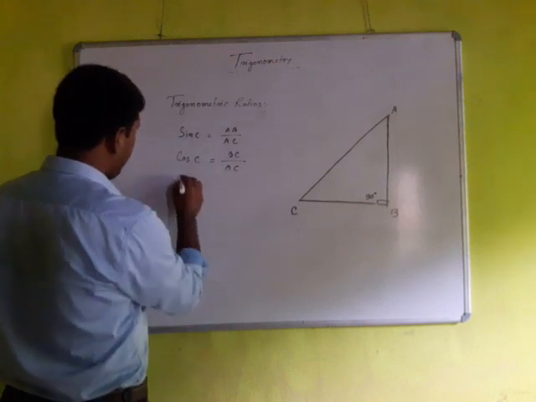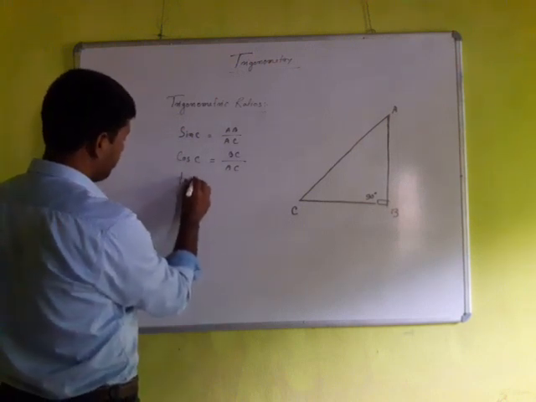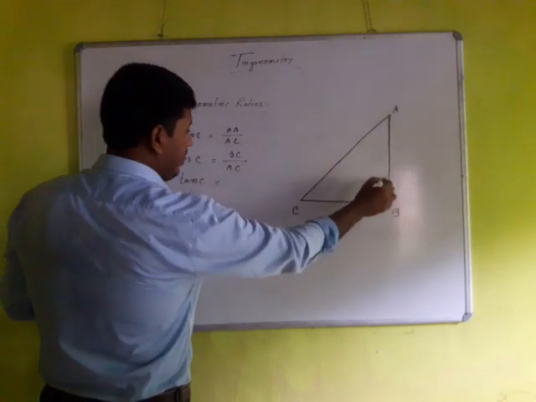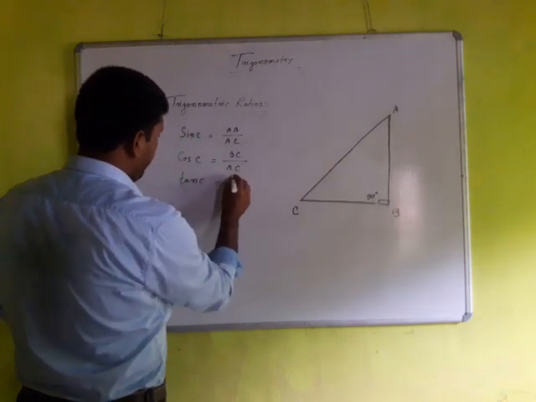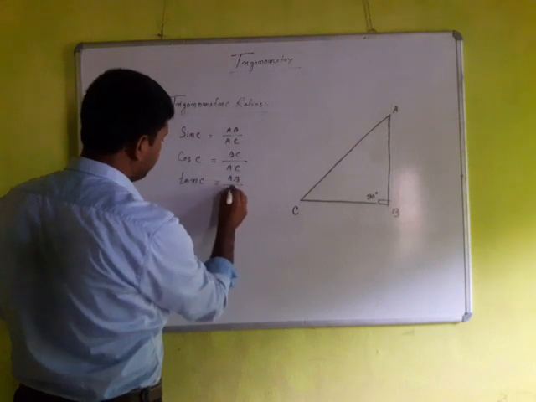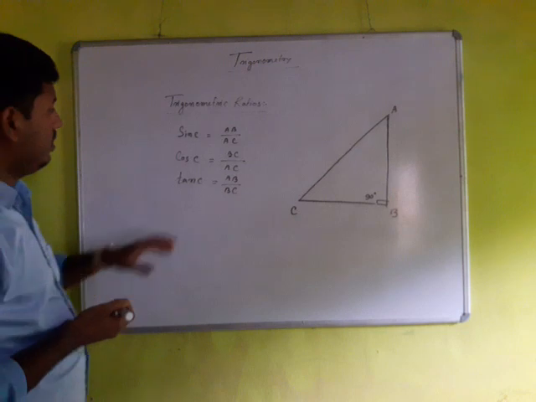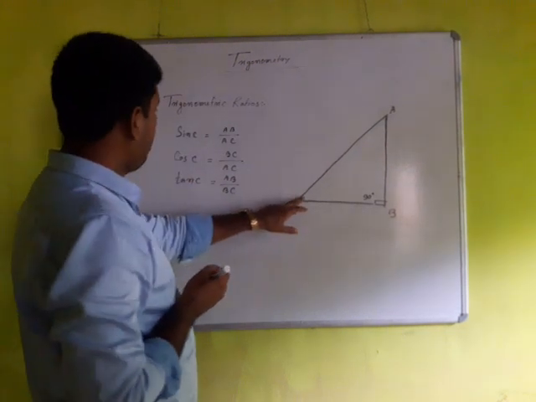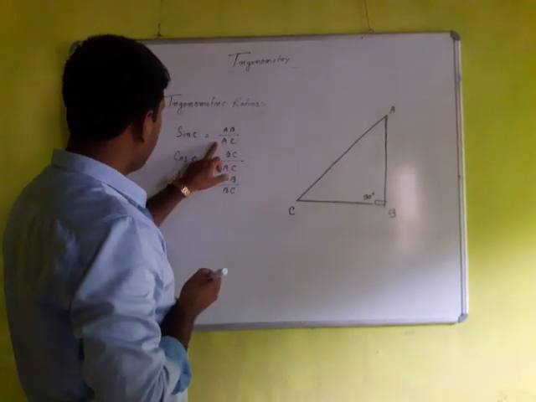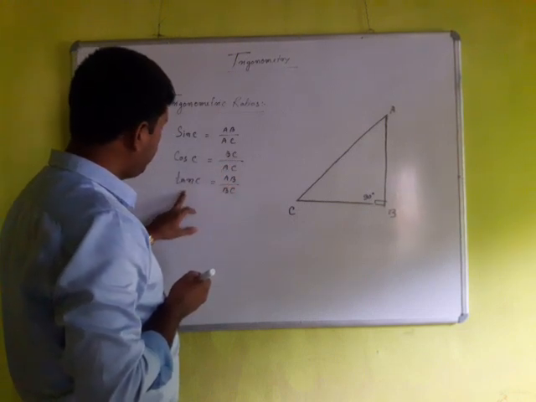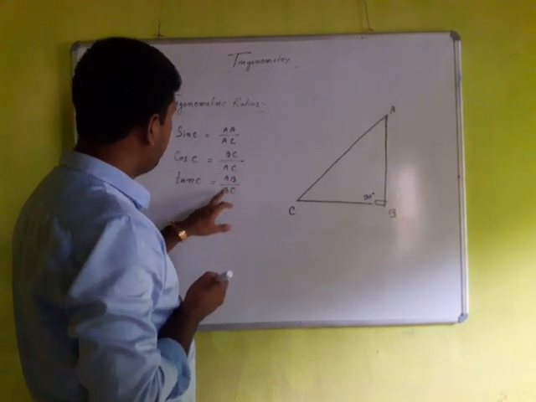Tangent, it is tan C equal to perpendicular by base, it is AB by BC. So these are the three basic ratios: sin C with respect to C, perpendicular by hypotenuse, cos C, base by hypotenuse, tan C, perpendicular by base.